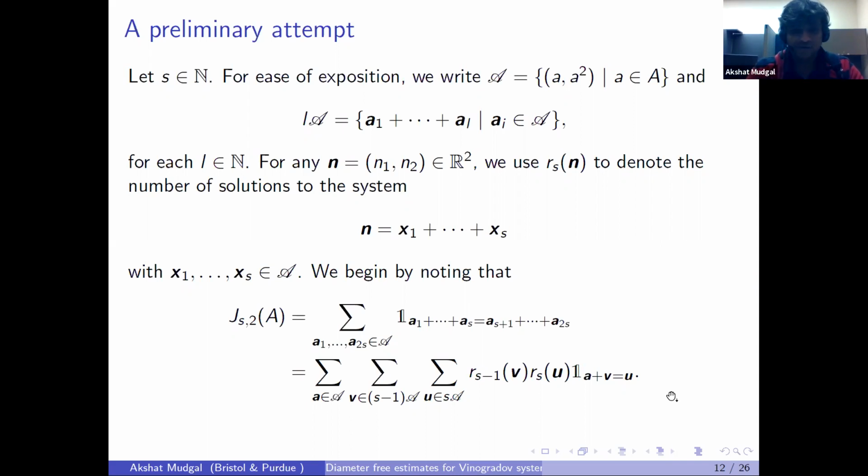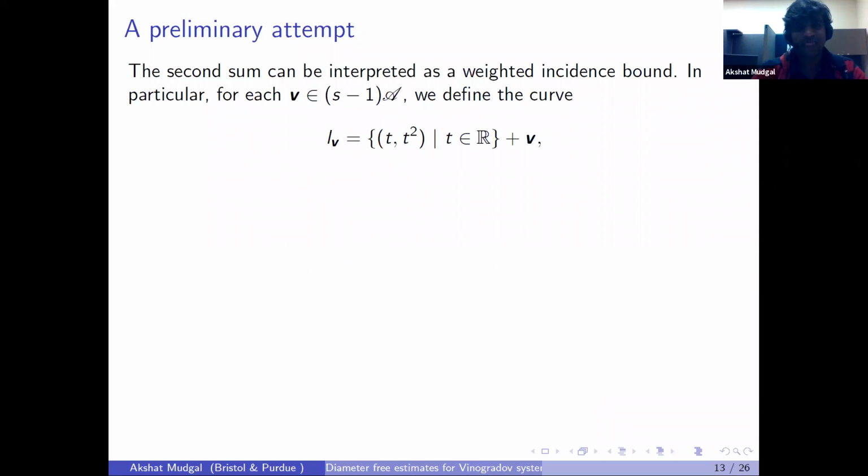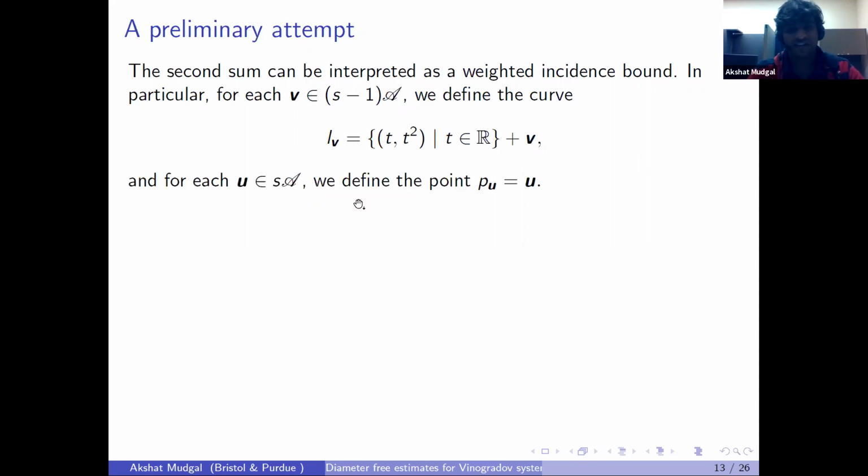But the trick comes now. In fact, what I'm going to do is bound this sum as an incidence geometric estimate. So in particular, for any v in the S minus 1 fold sumset, I can consider this curve L_v. This curve is simply the parabola translated by the vector v. And similarly, for each u in the S-fold sumset, I can define P_u to be u.